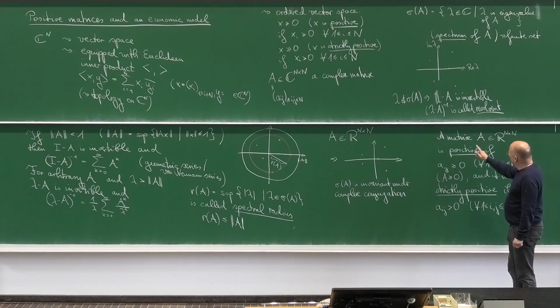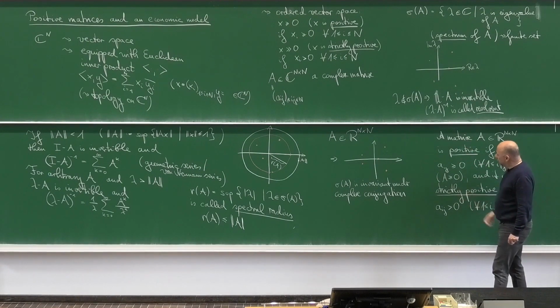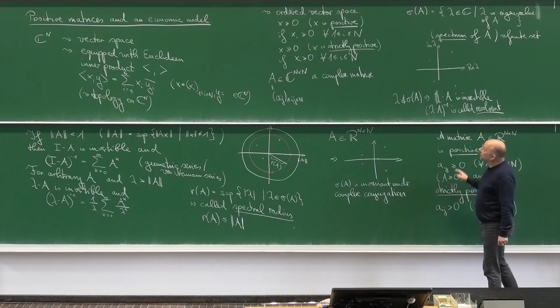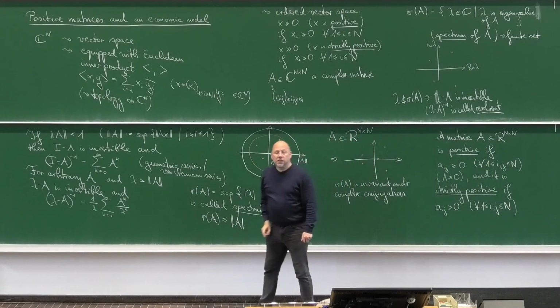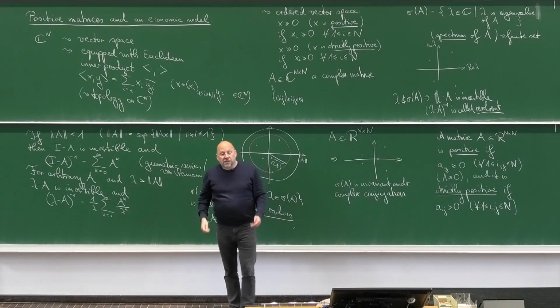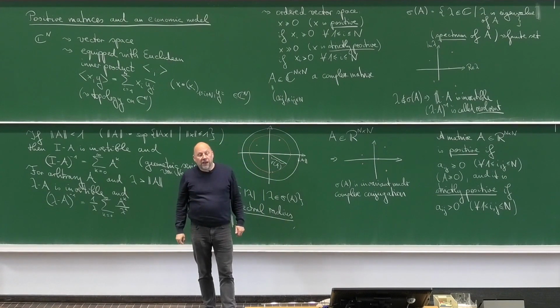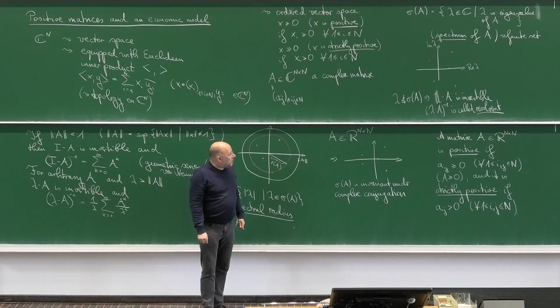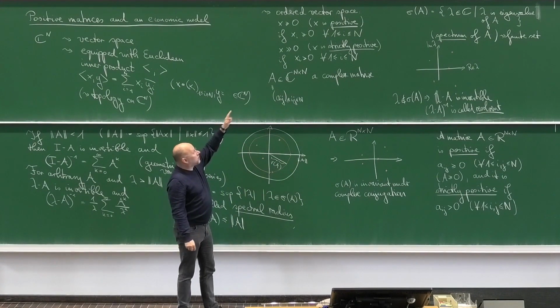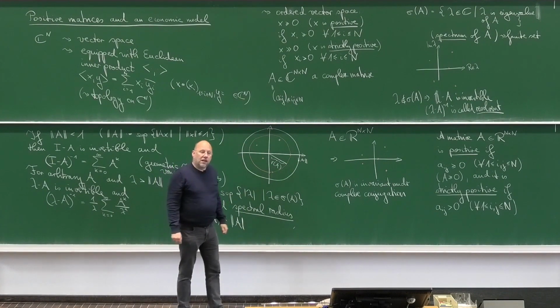And a matrix, I have defined it in this way, a matrix is actually positive if it is positive and we apply it to a positive vector, then the result is again a positive vector. So positive matrices actually map positive vectors to positive vectors.